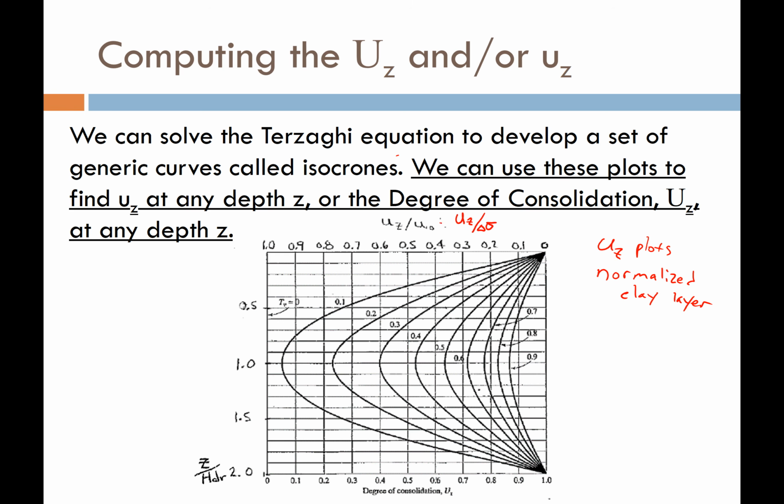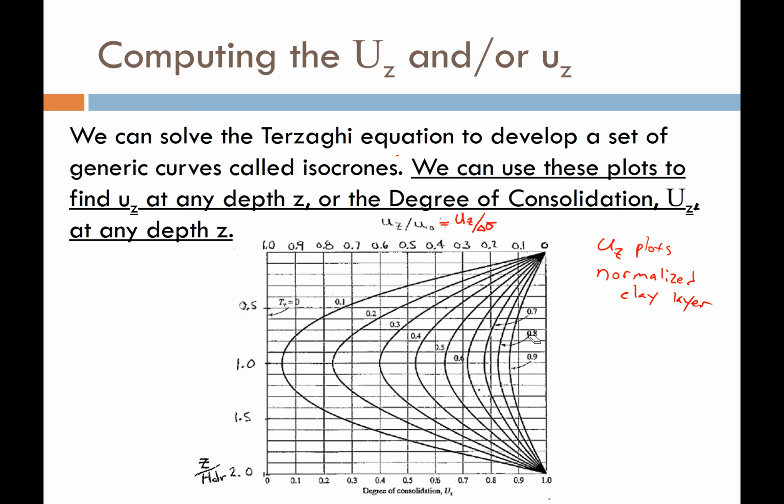It's the same thing, okay? And you're going to notice that each of these curves corresponds with a different time coefficient, 0.9, 0.8. These are all T sub v values.